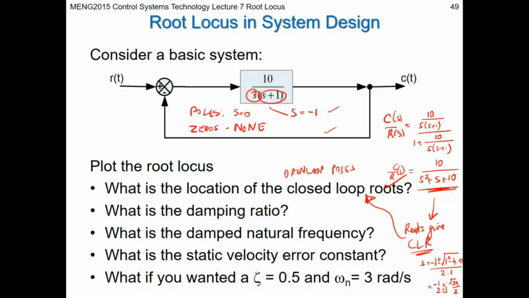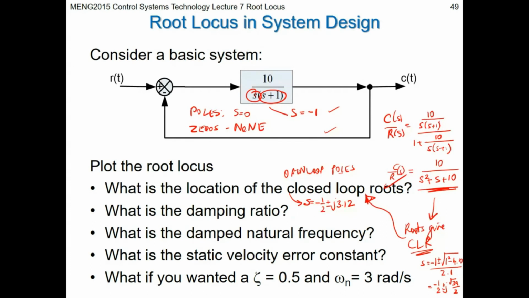I'm just going through partly to revise how we do all this stuff and go through the various steps of plotting a root locus. So our closed loop roots are going to be at s equals minus 1 upon 2 plus or minus j 3.12. That's our closed loop root location.